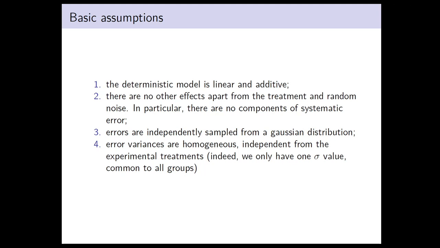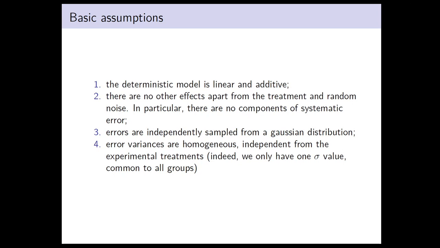Because if the design was not done properly, this second assumption would not be valid. Okay, so it's important that we design the experiments properly and we avoid systematic errors, otherwise our analyses are not valid.